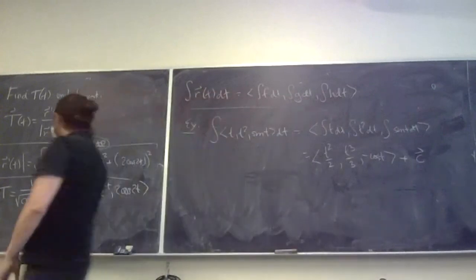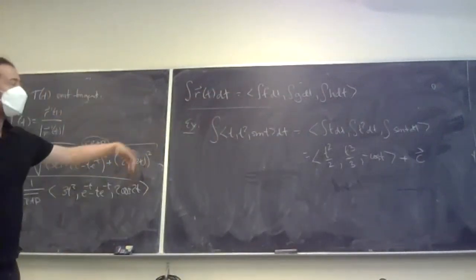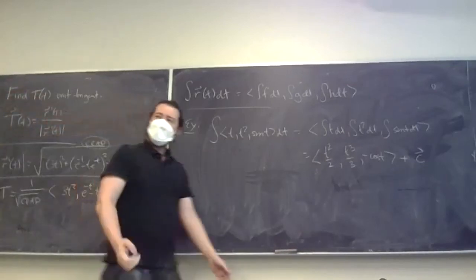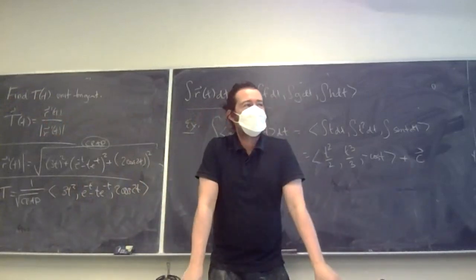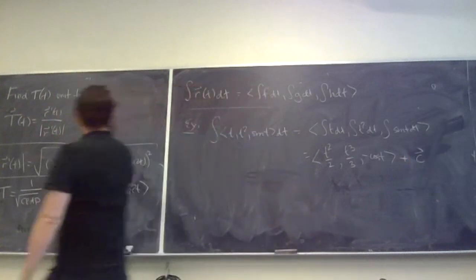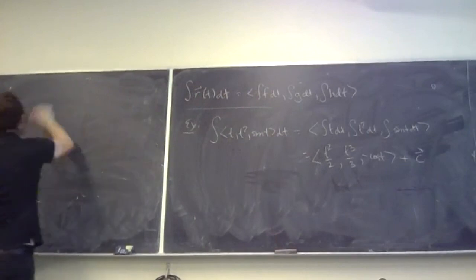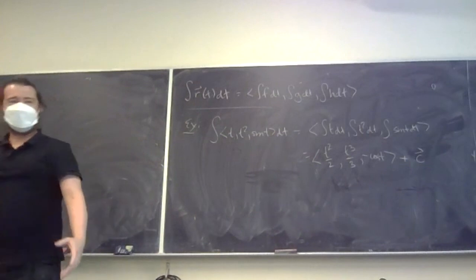I'll point out that the same exact logic also applies to the fundamental theorem of calculus. What is the fundamental theorem of calculus? The integral between 2 points of a function is the one minus the other.